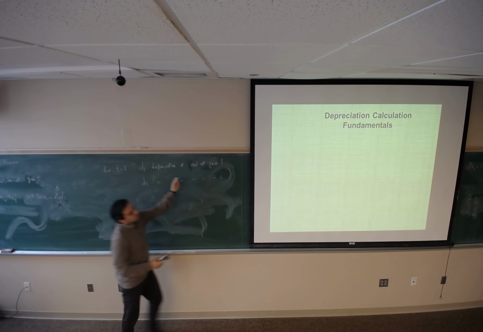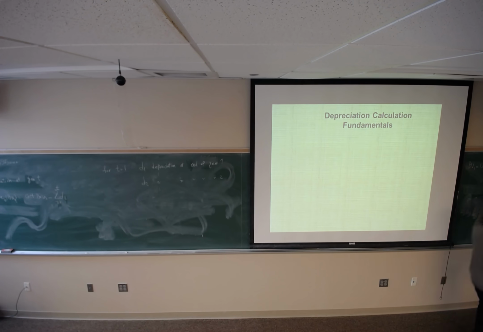So if you subtract the depreciation at the end of the first year from the cost basis, you can find the book value of this property at the end of the first year. What would be the book value at the end of the second year? You can say whatever is the book value of the first year minus D2.